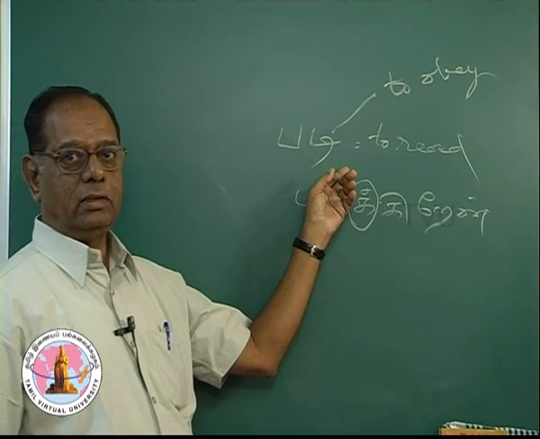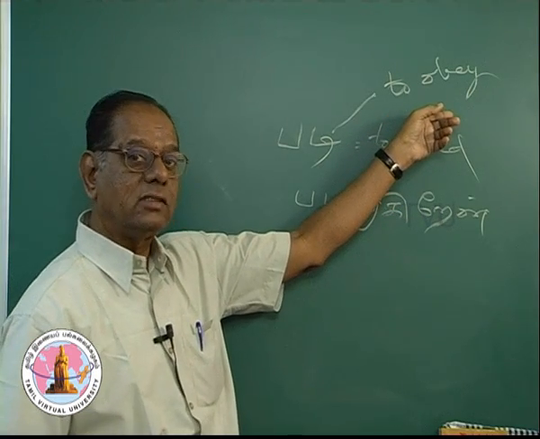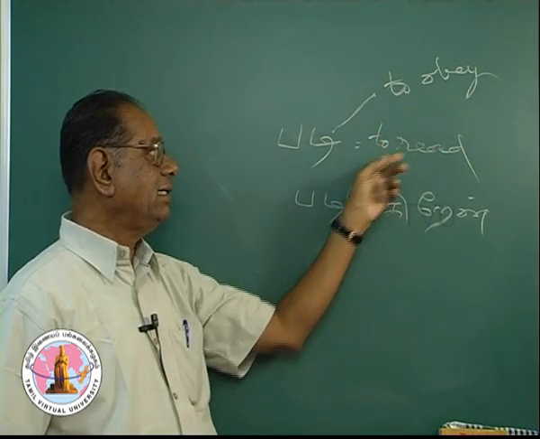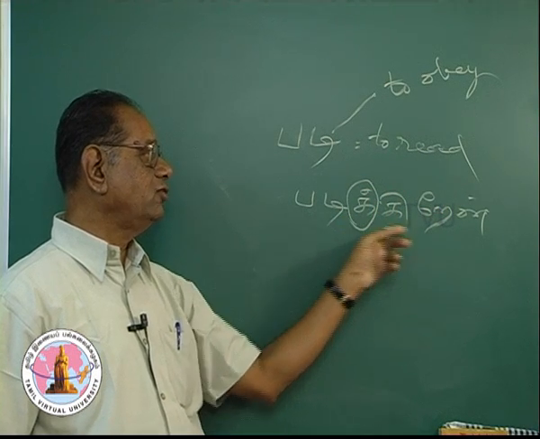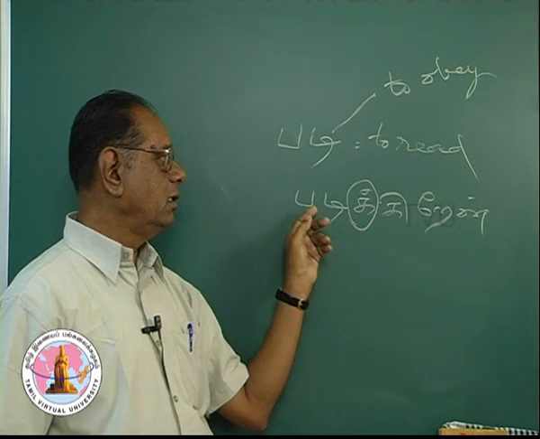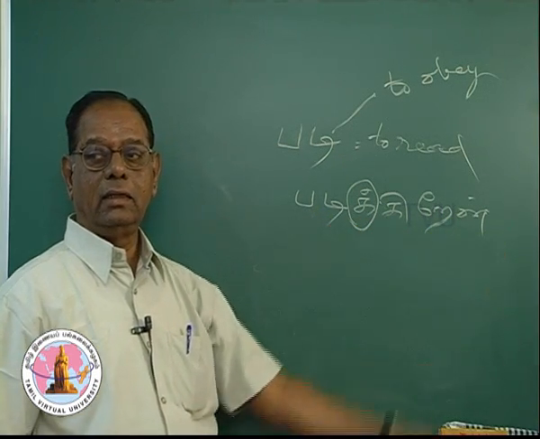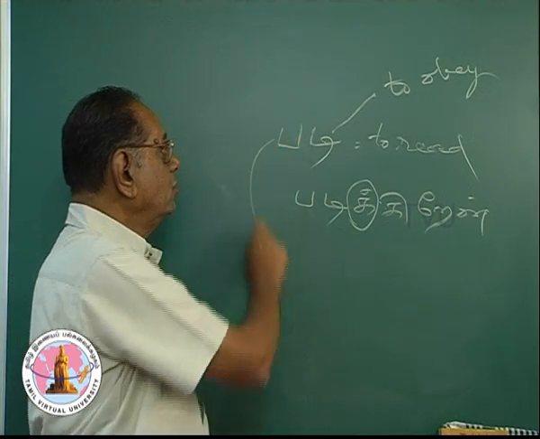Padi is a verb which is both transitive and intransitive. As a transitive, it takes this form, accepting an extra consonant. Padikkiren, padikkiren.